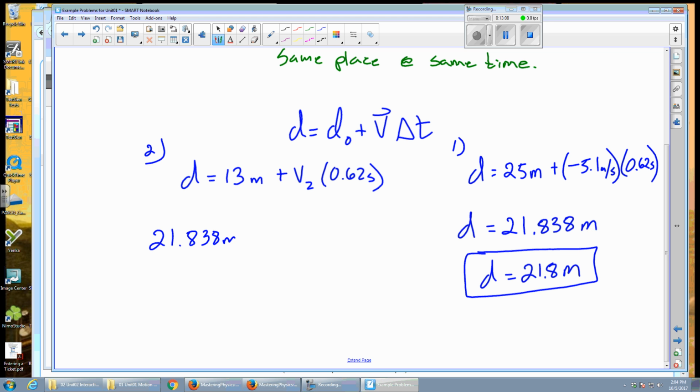21.838 meters equals 13 meters plus V2 times 0.62 seconds, and solve for V2. Let's see, minus 13 divided by 0.62, and I get 14.2 meters per second.